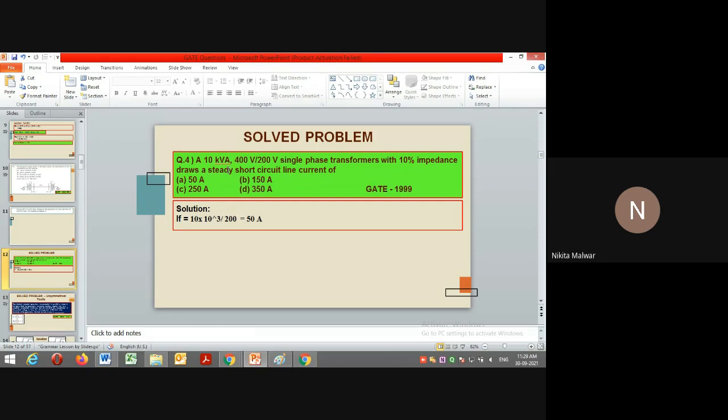You may treat it as IF, that means fault current. Fault current is known as steady short circuit line current. So what is the formula for fault current? By using all these values, we have to find it. So IF will be equal to 10 into 10 cube. Why have we written 10 cube? Let us find out.